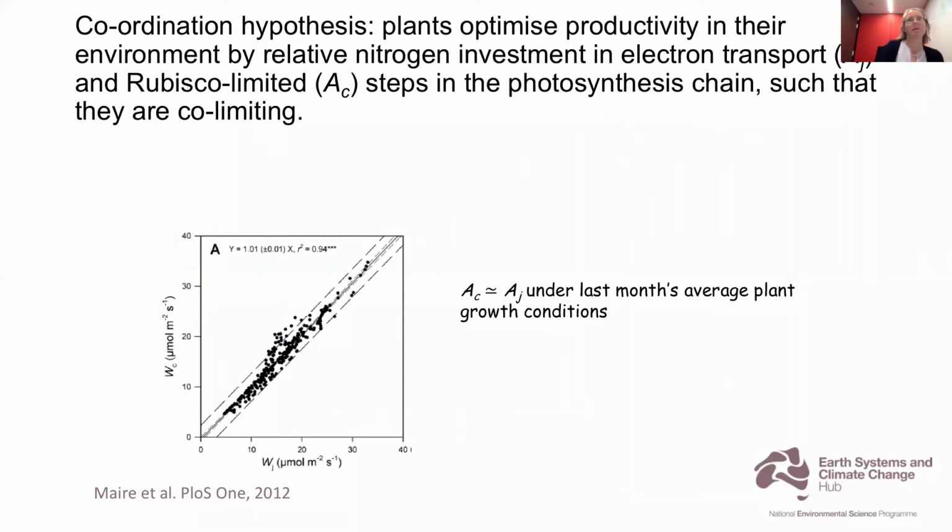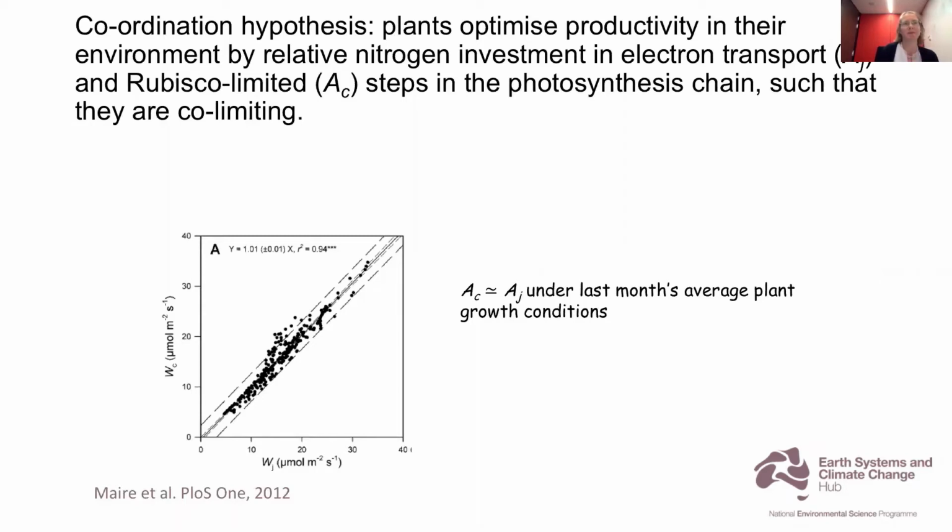And finally, and this is a different type of constraint on terrestrial biospheric activity, we have leaf level data supporting this so-called coordination hypothesis, which is that plants optimize productivity in their environment by relative nitrogen investment in electron transport and Rubisco-limited steps in the photosynthesis chain.